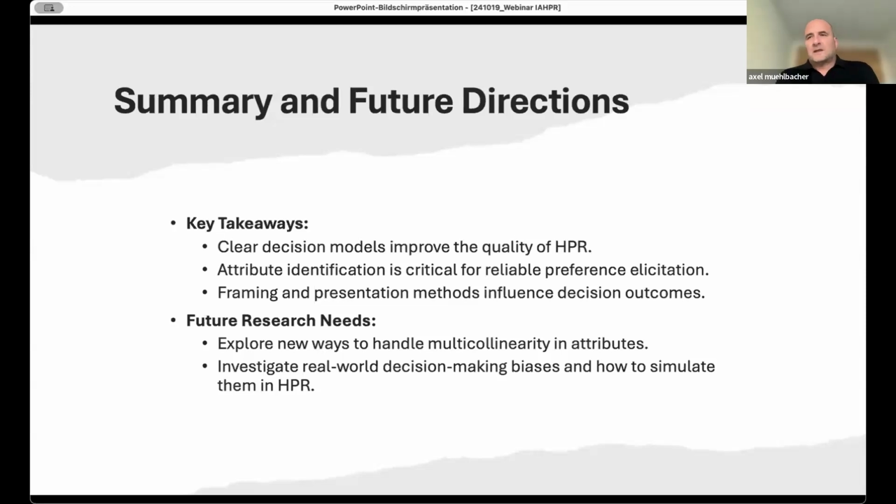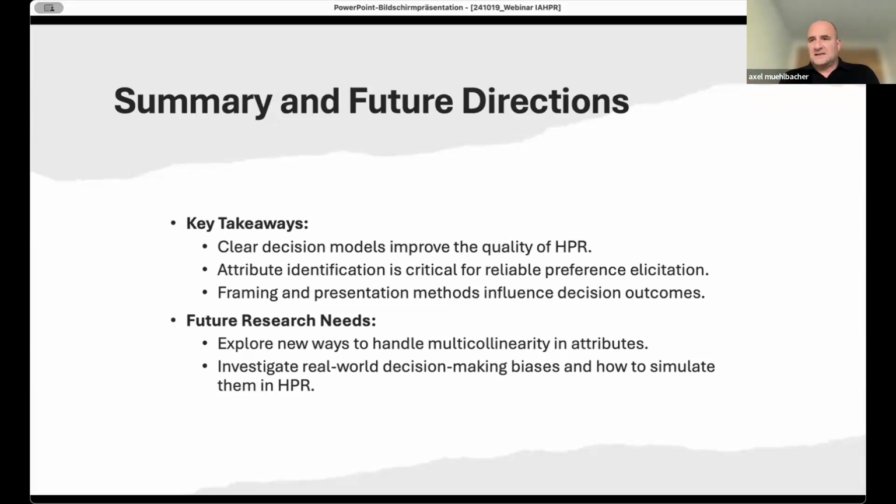So, the summary and future directions, real quick, because I have some of the questions which might be derived from the presentation itself in further slides.